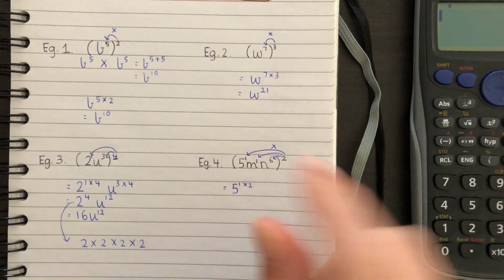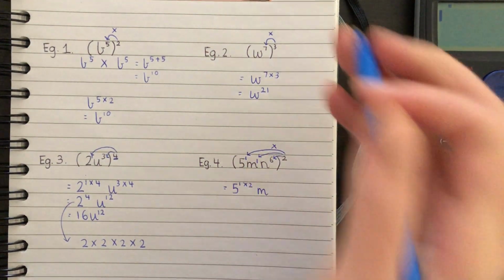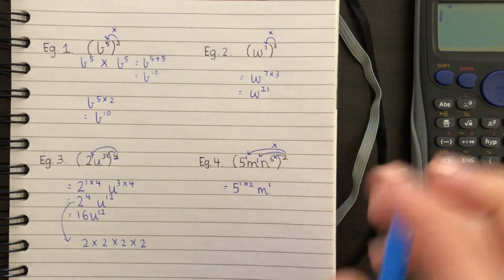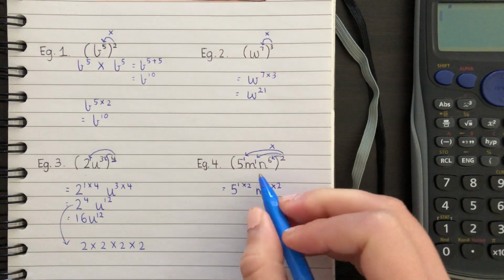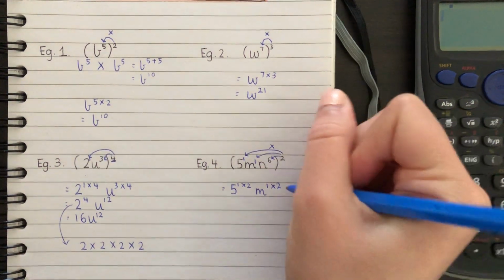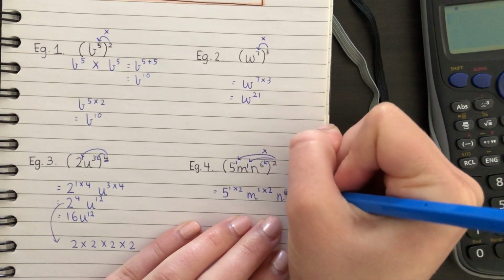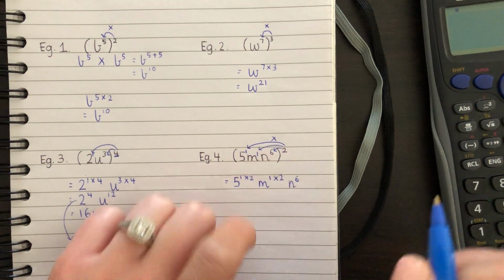Then we do the same with the M. So that's M to the power of 1 times it by the 2 that's out there. And then we've got our N to the power of 6. And I'm going to then times that by the 2.